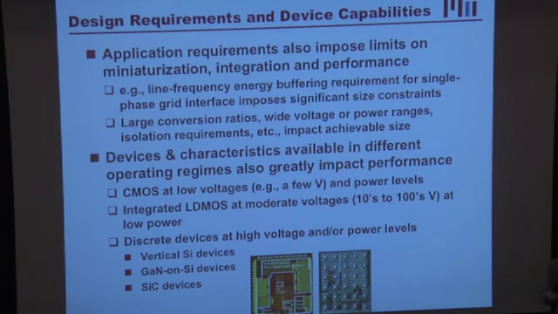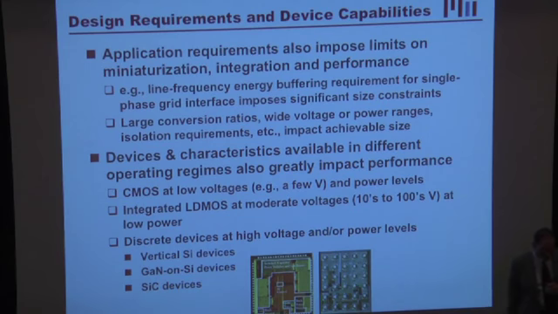So that's going to impose a minimum size limit on the system. Likewise, if I have requirements of isolation or large conversion ratios or wide operating ranges in terms of voltage or current, these are all going to impact the achievable minimum size of a converter. So they prevent me from just shrinking it down Moore's law style.